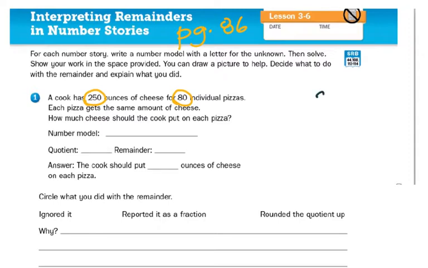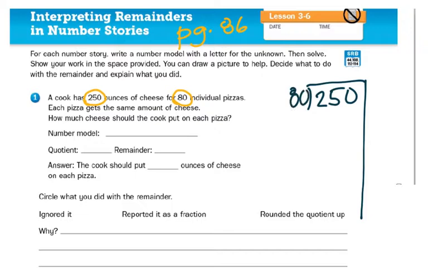So let's take that 250 ounces, put it in the dividend, and divide by the 80 pizzas. Think about this for a minute. That 0 cancels out that 0, so about how many times does 8 go into 25?